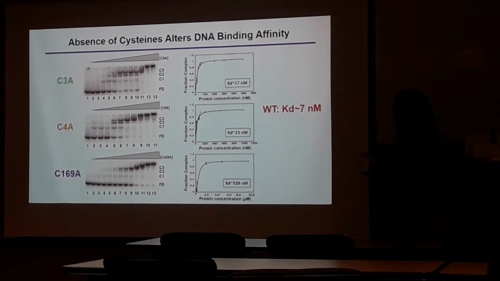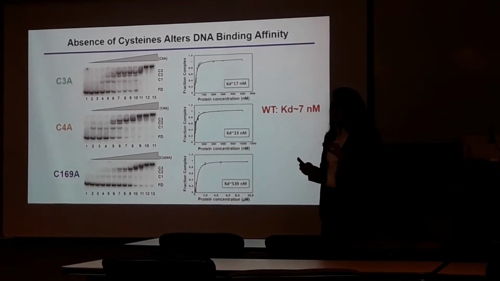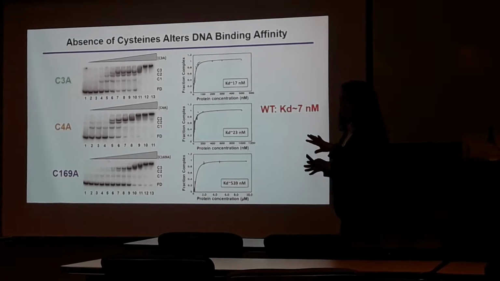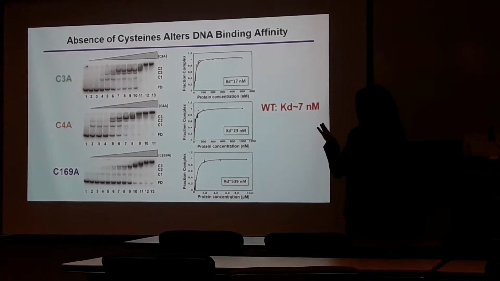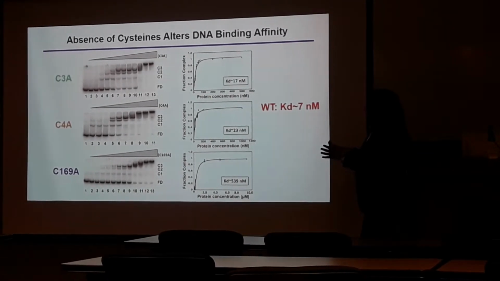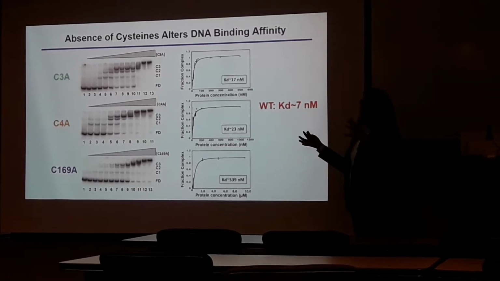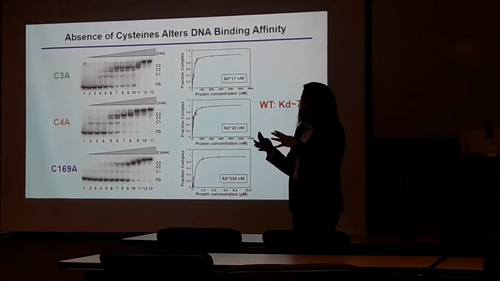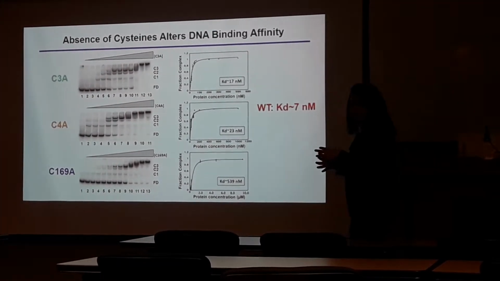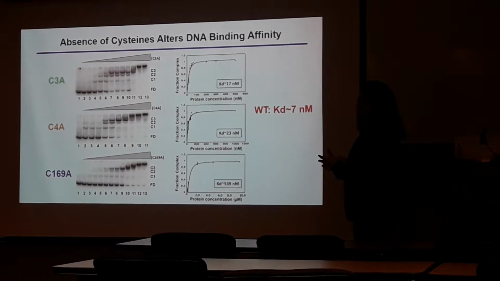So when we are substituting this cysteine 169 on the C terminal extension, that leads to the destabilization of the protein and eventually affects the DNA binding.